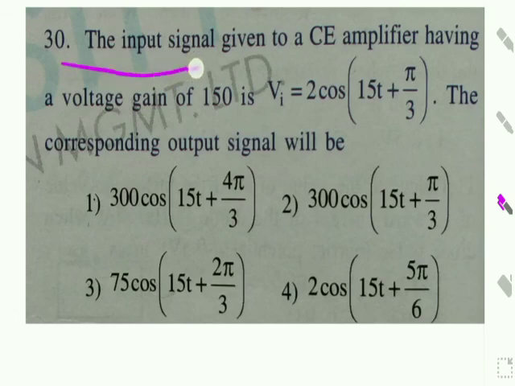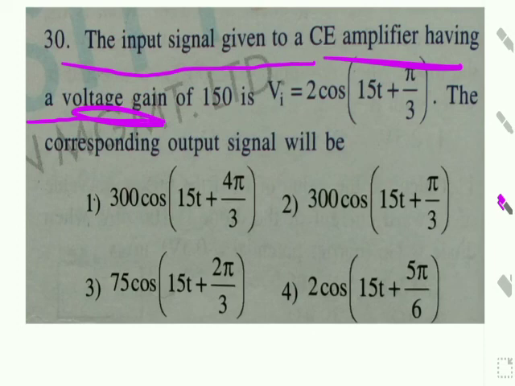The input signal given to a CE, common emitter amplifier having the voltage gain of 150, is V is equal to 2 cos(15t plus pi by 3). The corresponding output signal will be?